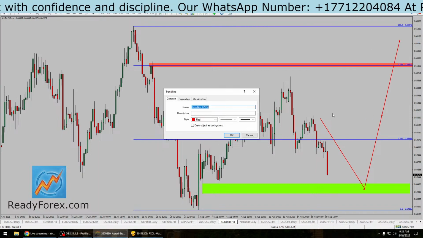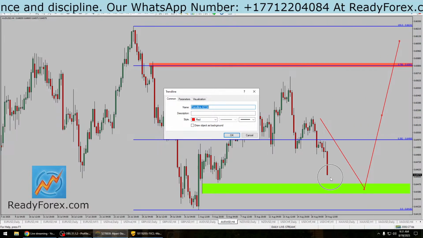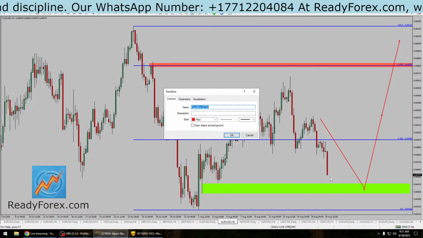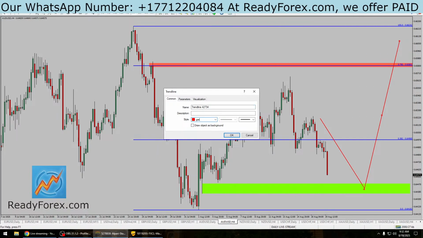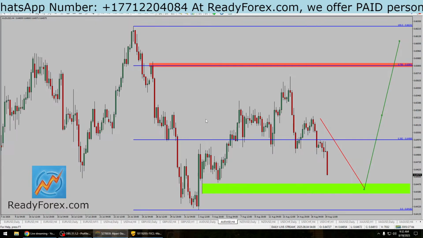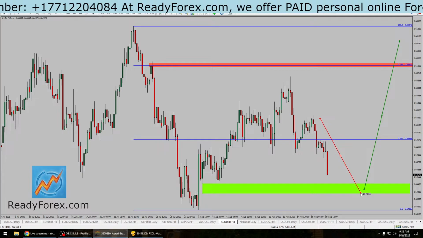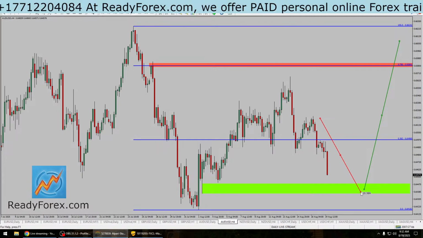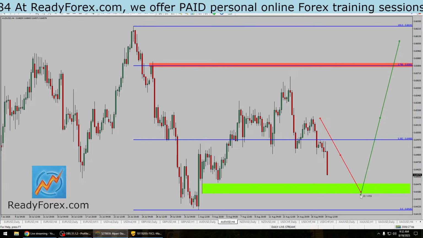Otherwise, wait outside. This thing could drop 100 pips or 200 pips down. That's also possible. So we need to wait for the market to first show some sort of bullish reversal pattern over here. Then look for a buy trade setup.